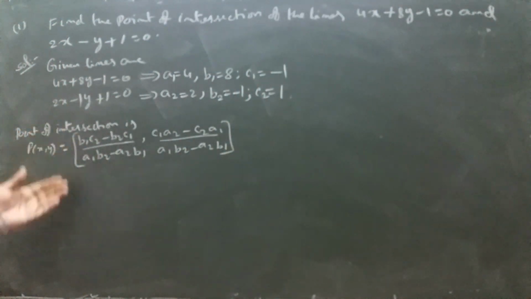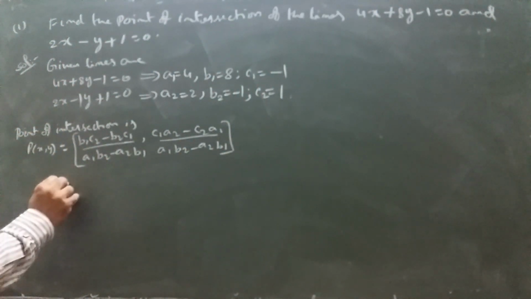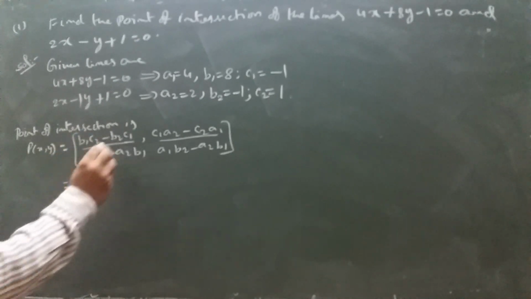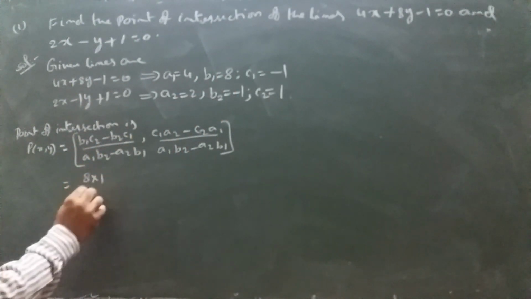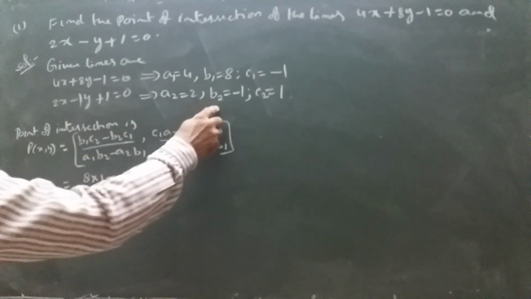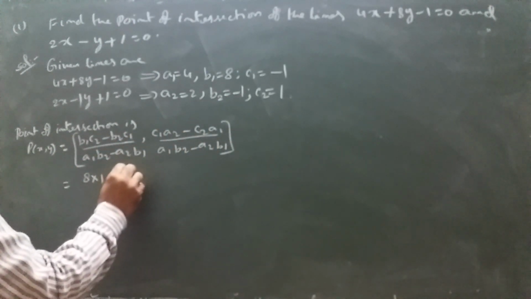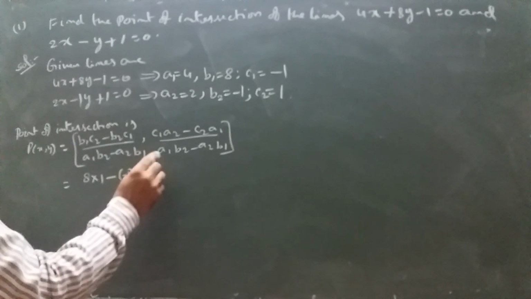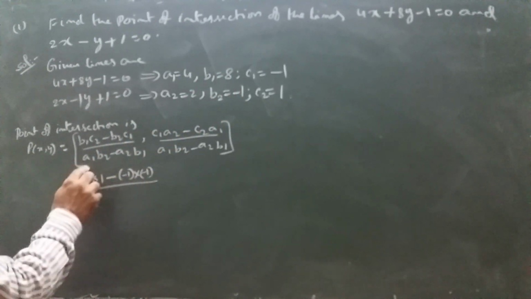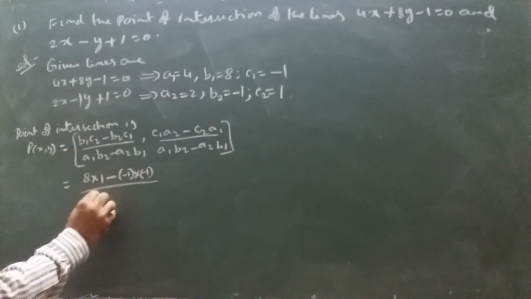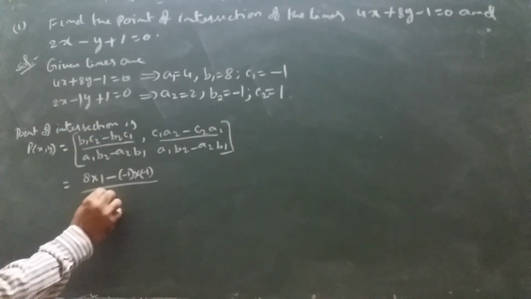By substituting these values in the formula, we get B1 C2. What is B1? 8 into C2 is 1. 8 into 1 minus B2 C1. B2 is minus 1 into C1 means minus 1, by A1 B2. What is A1? 4 into B2 is minus 1.